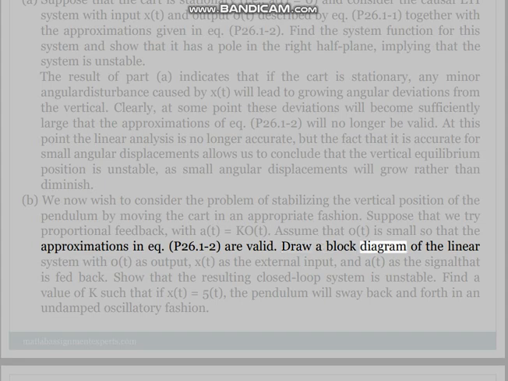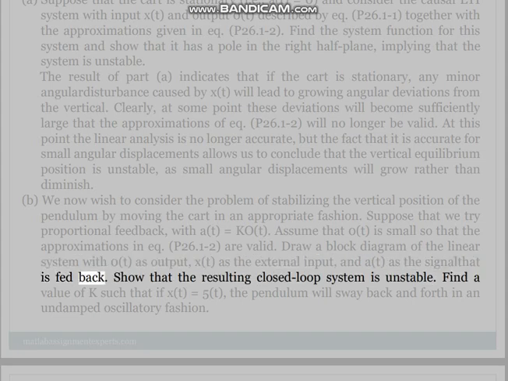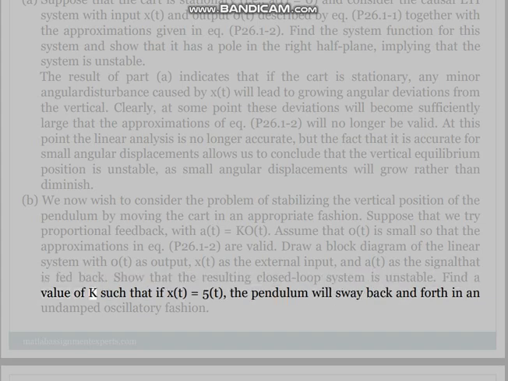Draw a block diagram of the linear system with θ(t) as output, x(t) as the external input, and a(t) as the signal that is fed back. Show that the resulting closed-loop system is unstable. Find a value of k such that if x(t) equals δ(t), the pendulum will sway back and forth in an undamped oscillatory fashion.